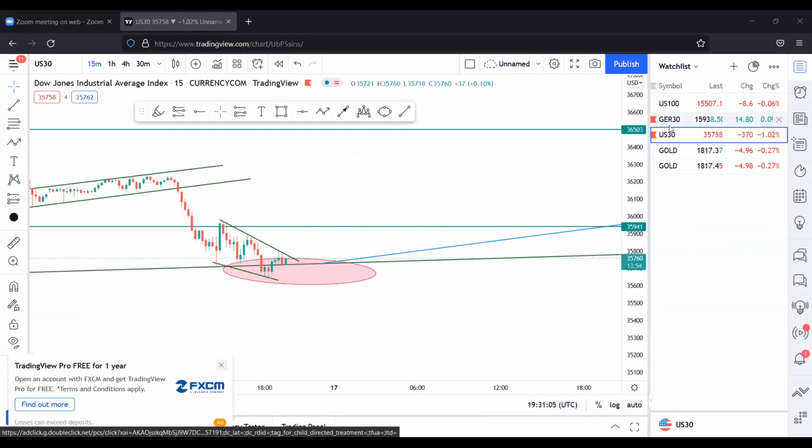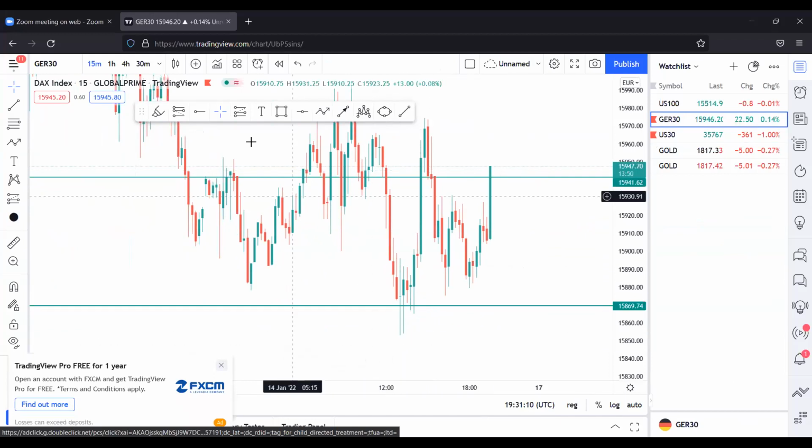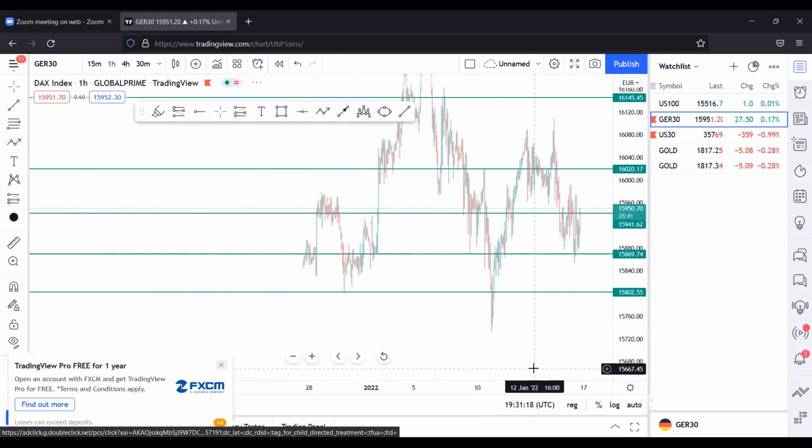Oh, this man is buying beautifully. So it's obvious that USDT will buy.